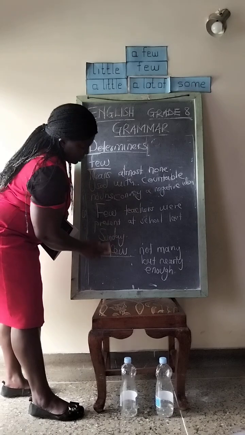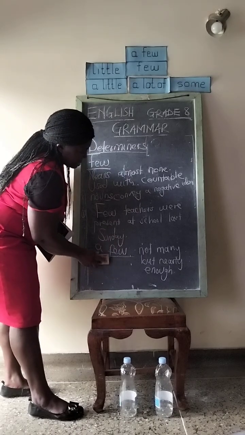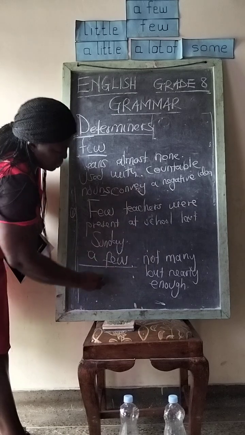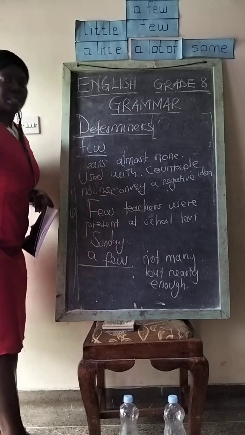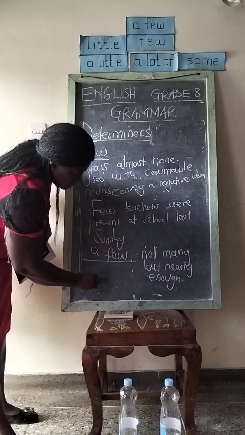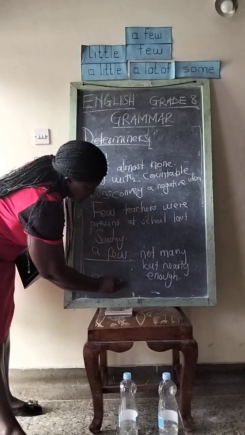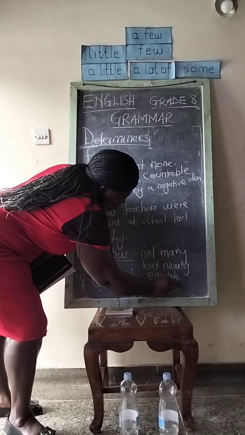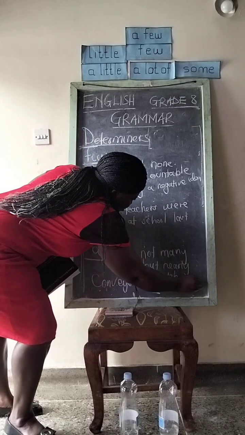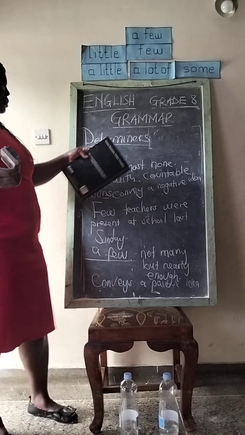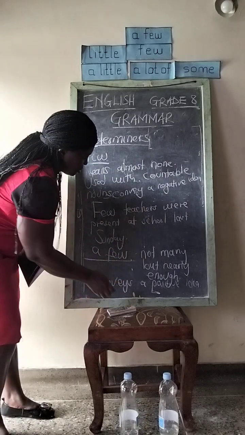Another thing you need to note about a few is that when it is used in a sentence, it makes the sentence positive. It conveys a positive idea. It is also used with countable nouns.